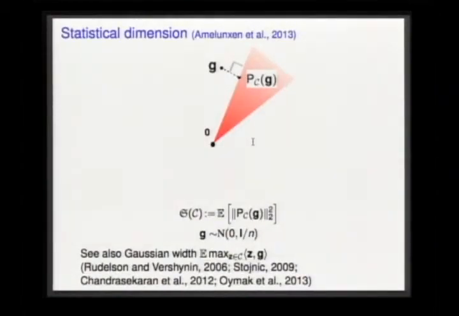So what is the statistical dimension? I'm definitely not the right person to tell you what the statistical dimension is. But it's a quantity which is close to the Gaussian width that Holger discussed yesterday.